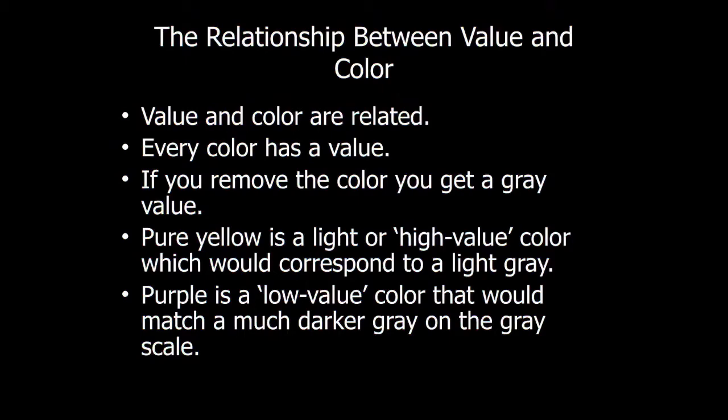If we were to remove the saturation of that color, if we were to remove the hue, then we would be left with a gray value. So the yellow, you can assume is a very high value, a very light gray. Colors such as a blue would most likely be a darker gray.